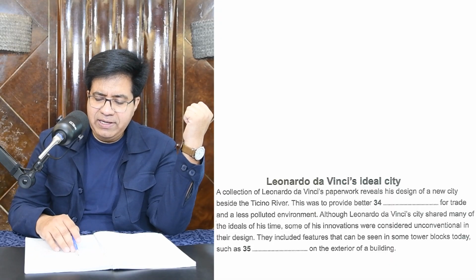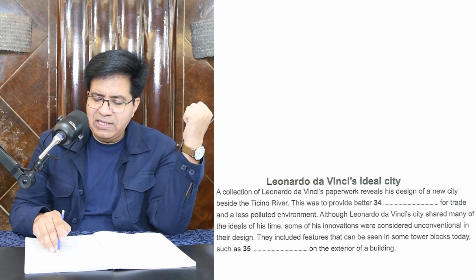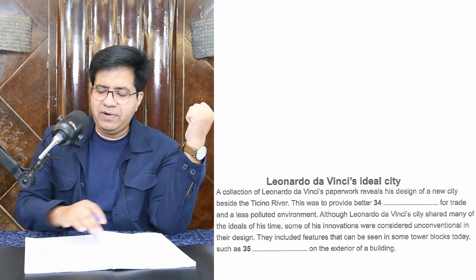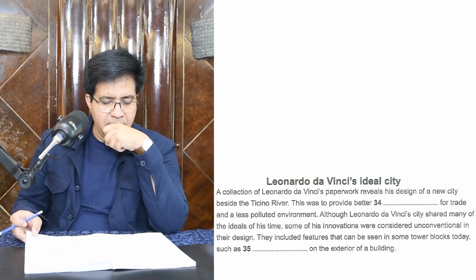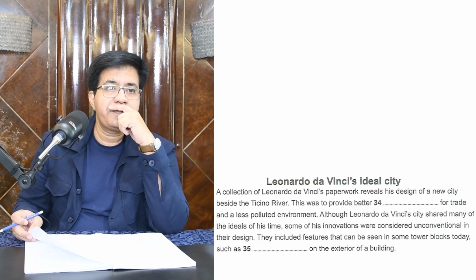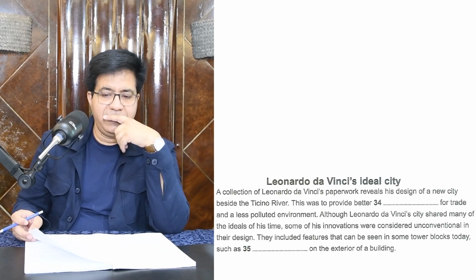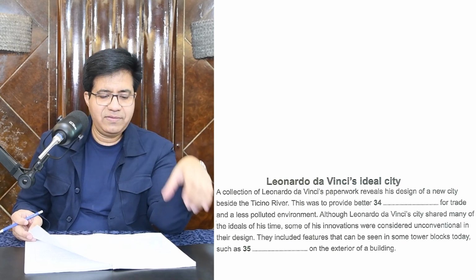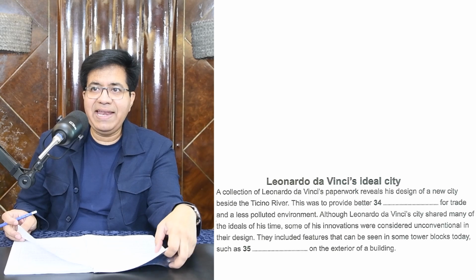A collection of Leonardo da Vinci's paperwork reveals his design of a new city beside the Ticino River. Look for Ticino River. Go back. Search Ticino River. Now you are scanning.